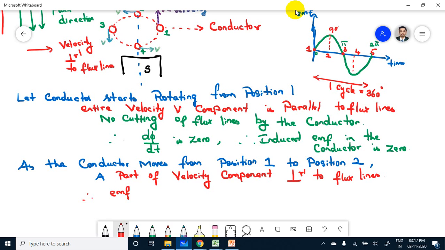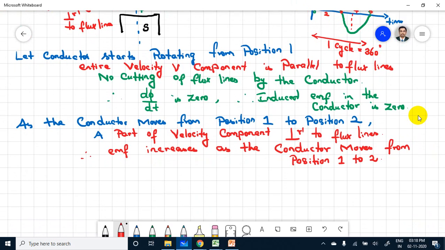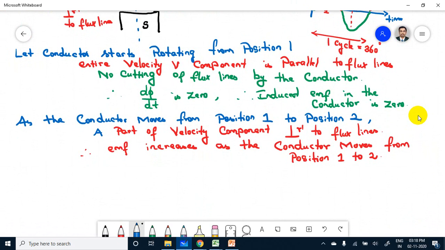It starts moving from 1 to 2, so the EMF increases as the conductor moves from position 1 to 2. Understand?